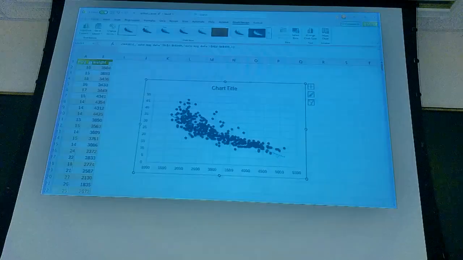Let's change the colors of the dots. Let me change the colors of the dots. That's annoying. Thought I could. Ah, fill. Okay.